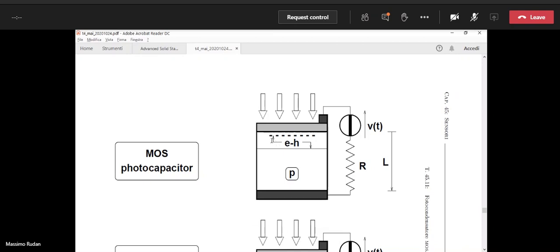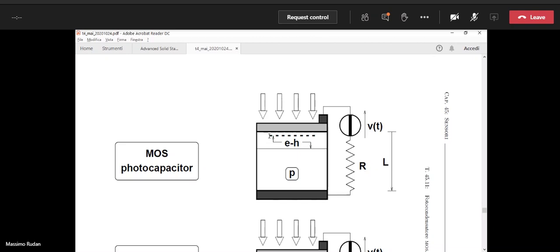And as you remember, in the depleted region, there is a strong field. So the electron and the hole separate. The electron is attracted to the surface and the hole is pushed into the substrate. So eventually we form the inversion layer. If the optical generation is dominant, the majority of the electrons that are in the inverted layer have been generated by the light.